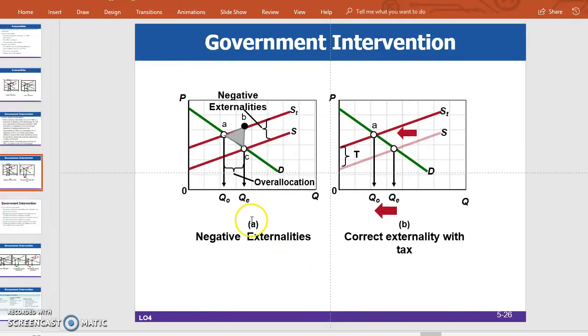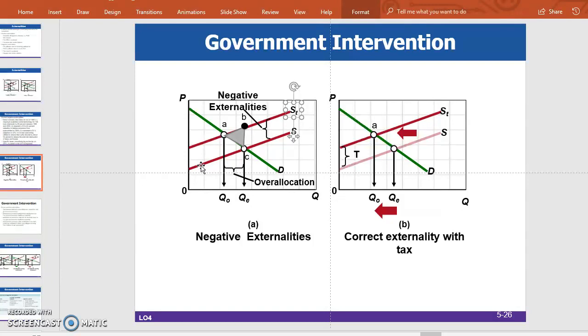Look at that. Here in panel A we have what? A negative externality situation. The private producer will follow this S supply curve, but we know that if you take account of the negative externality, ST, the cost to society is actually much higher, so that cost adds up, so the supply curve will jump from S to ST if you include the negative externality and cost to society.